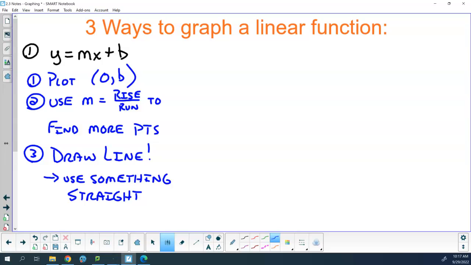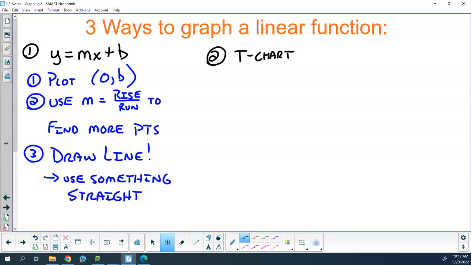Way number two. Make yourself a t-chart. Pick some x's, plug it into the equation that you've got, get out some y's, or you can even plug some y's into your equation and get out some x's.